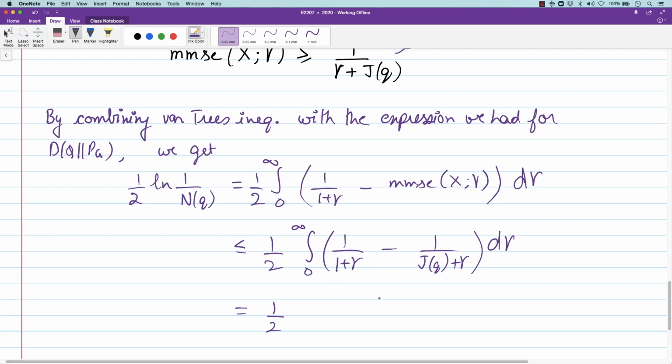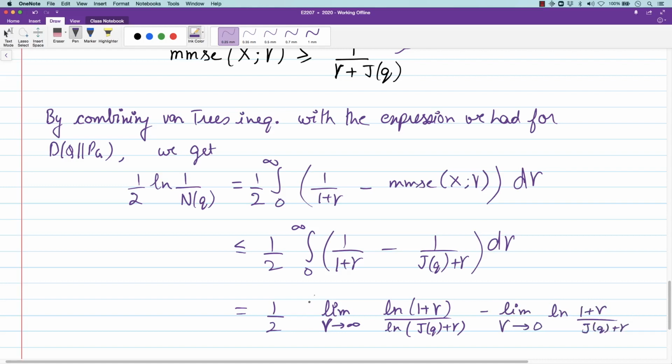This is an improper integral in the sense that in the limit as gamma goes to infinity these things will cancel. So we get the limit of ln of (1 plus gamma) by (J(Q) plus gamma).